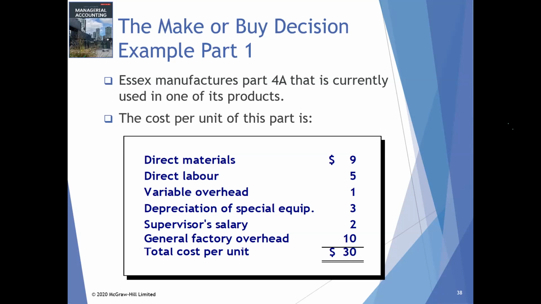The cost of this unit is direct material, direct labor, variable overhead of 1, depreciation of special equipment 3, supervisor salary 2, and general factory overheads 10. So the total cost per unit is $30.